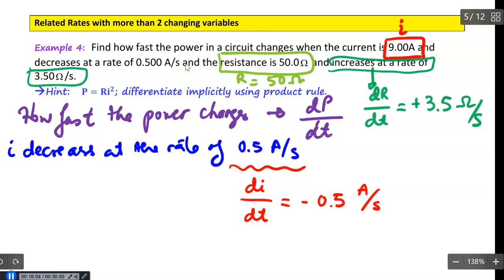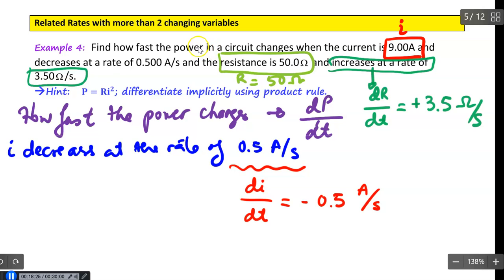Okay, so the equation for the power that involves your I and your R is this formula right here, which I gave to everyone in the previous handout. In the previous lesson, I mentioned this.